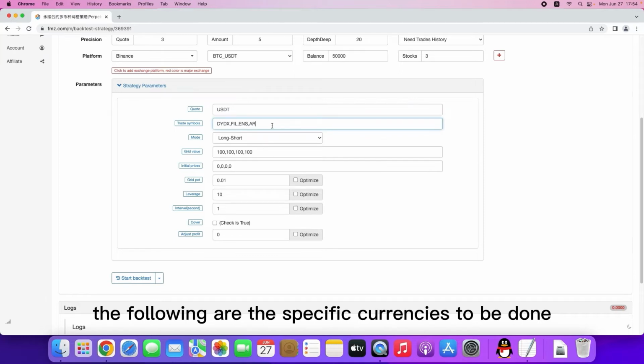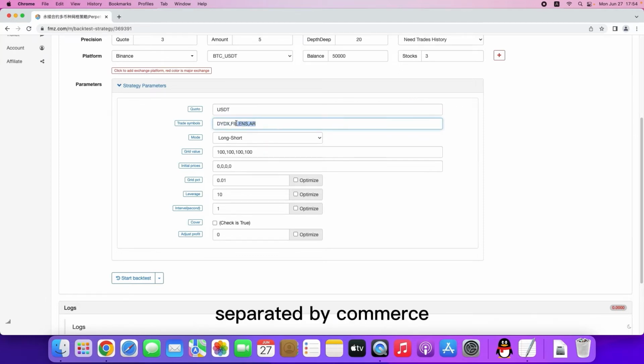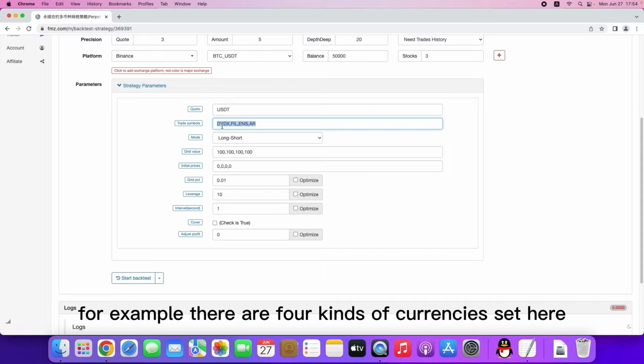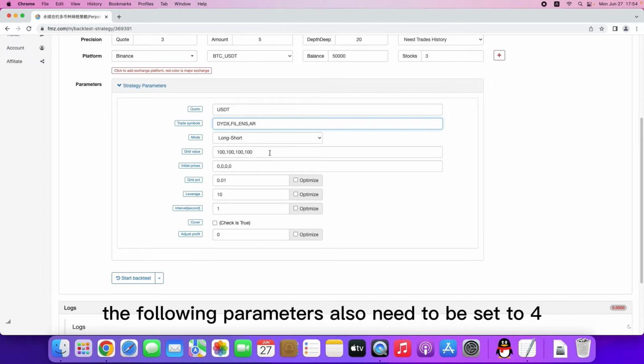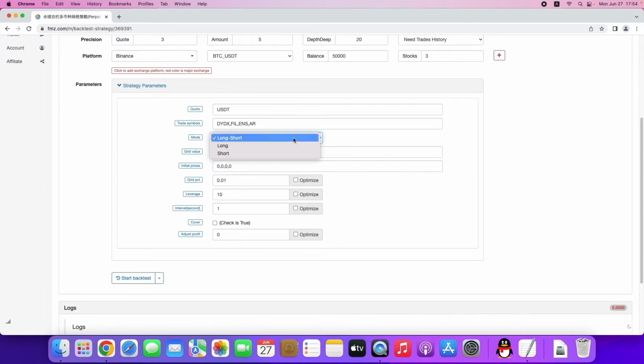The following are the specific currencies to be traded, separated by commas. For example, there are 4 kinds of currencies set here. That is, the USDT-standard contracts of 4 currencies. Of course, the following parameters also need to be set to 4, separated by English commas.